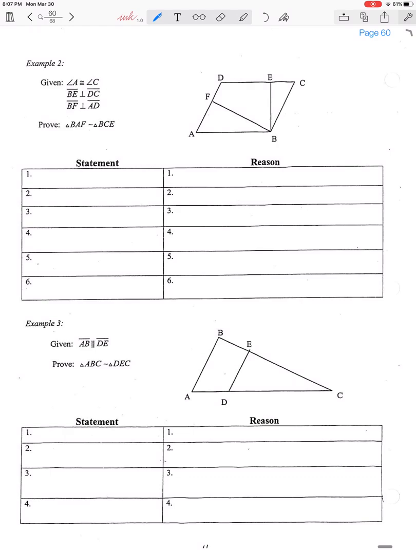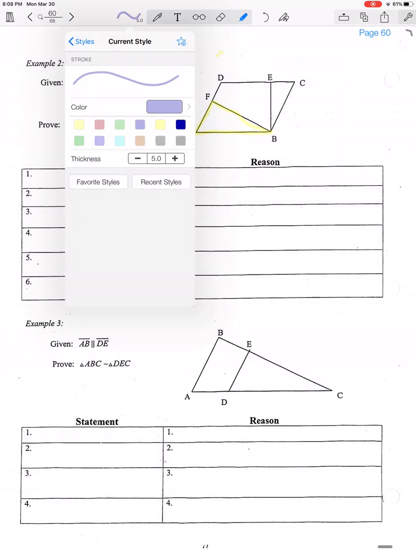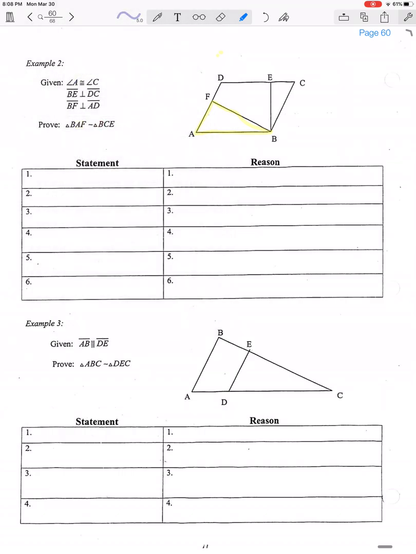Example number 2, they want me to prove that triangle BAF, which would be right here, is similar to triangle BCE. So again, I'm going to highlight my triangles so this way I can see what I'm working with. So let me write down my givens.